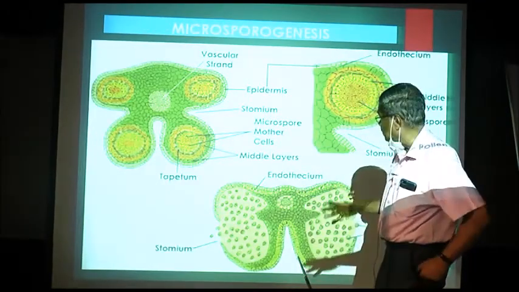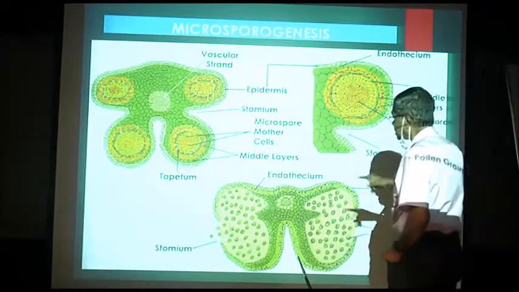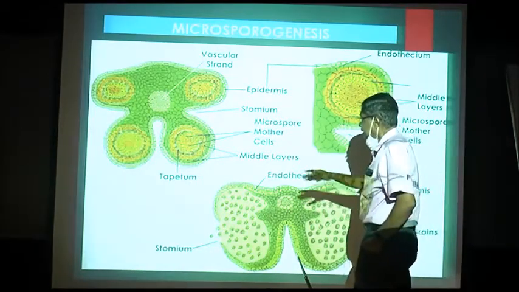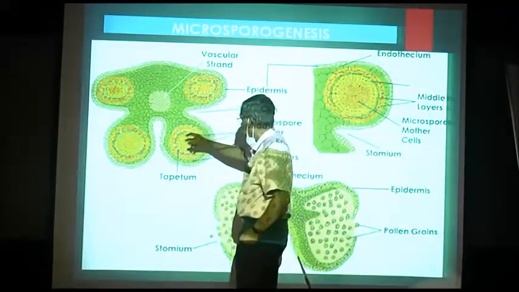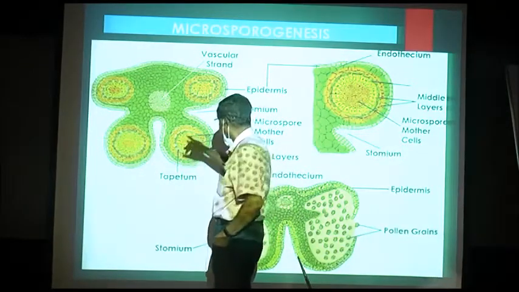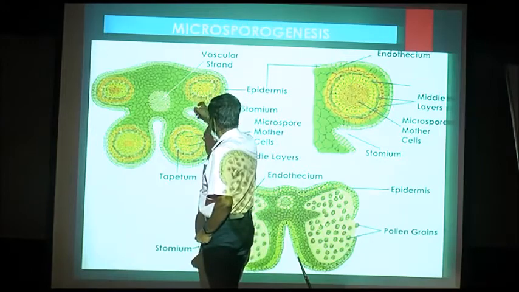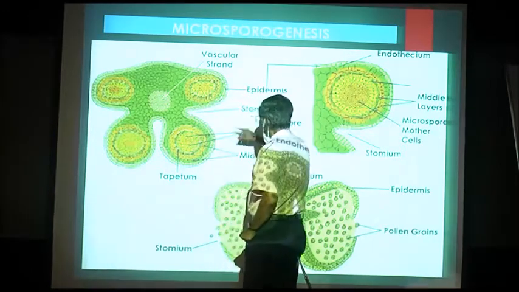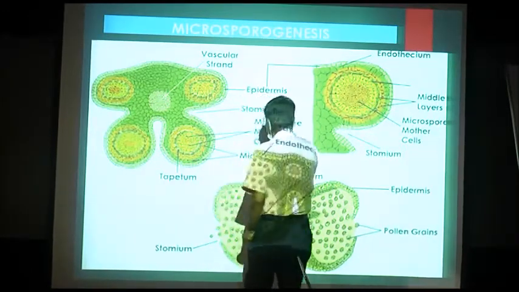Now we will again review. Now the anther has 4 microsporangia. We have just discussed about microsporangia. These are the microsporangia, and the anther has different walls that you can study.